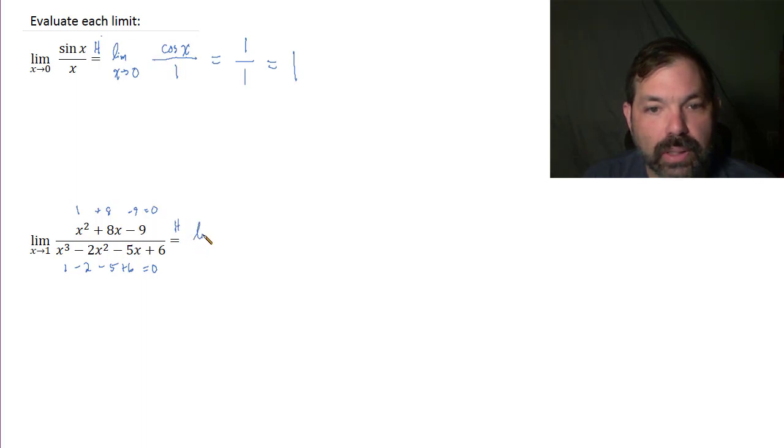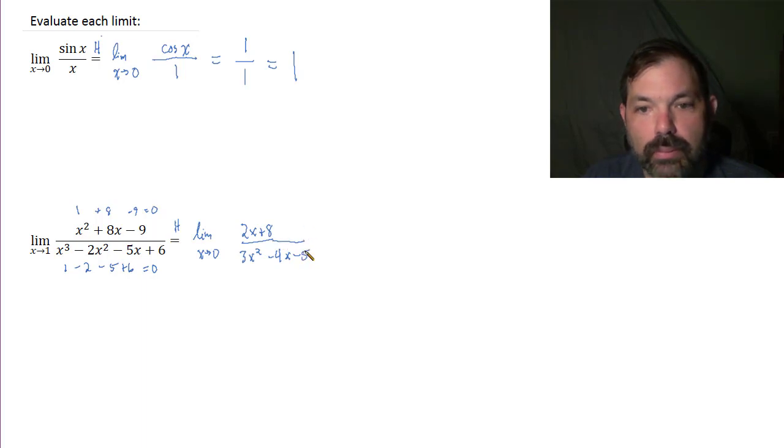So then this becomes the limit with x approaching 0 of 2x plus 8 over 3x squared minus 4x minus 5. Now, letting x approach 0, that would give us... x should not be approaching 0, x should be approaching 1.